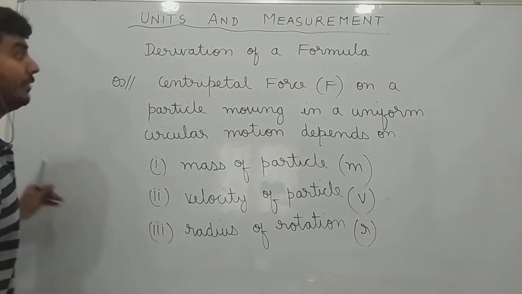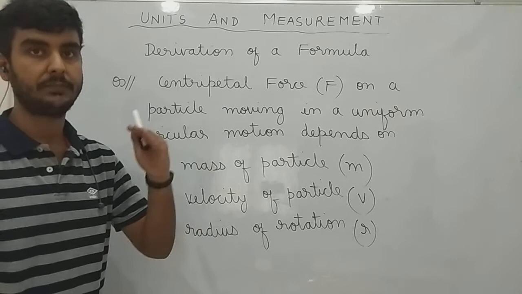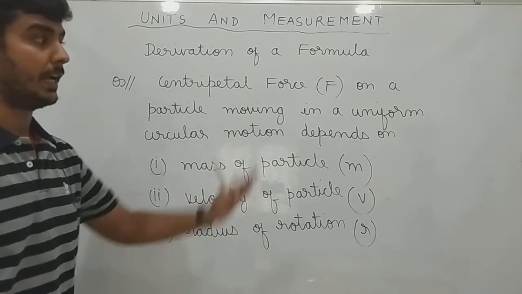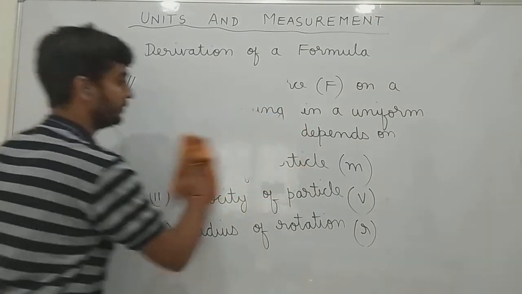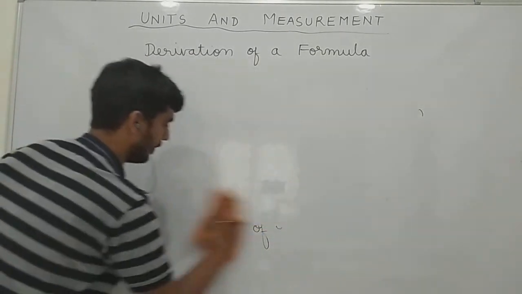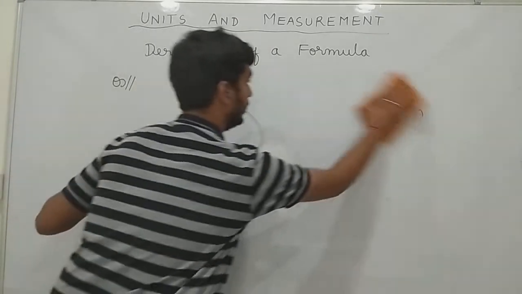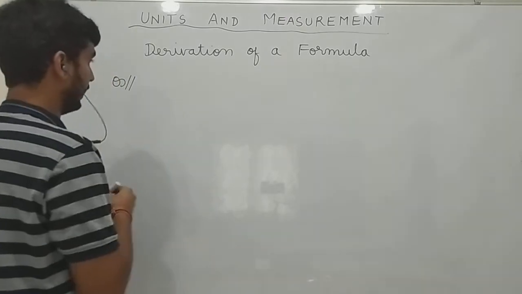First of all, whenever you are provided with the factors on which any physical quantity depends, write down the factors. So we know that the centripetal force depends on what? Mass, velocity, and radius. Centripetal force depends on three factors.